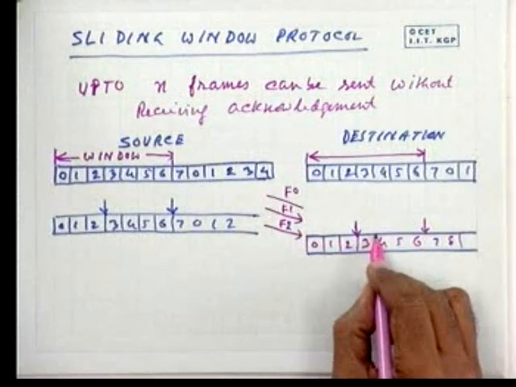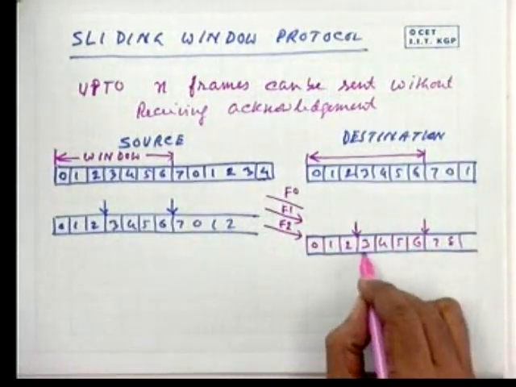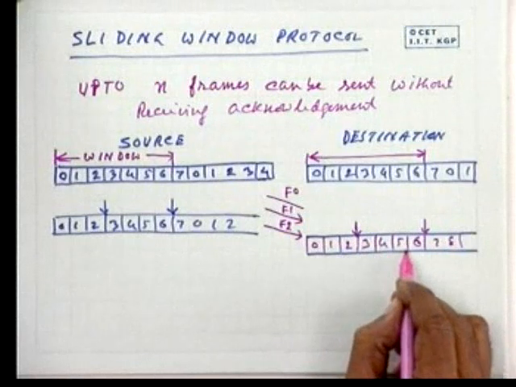Here also it becomes 3, 4, 5 and 6. It can receive 6 more frames.